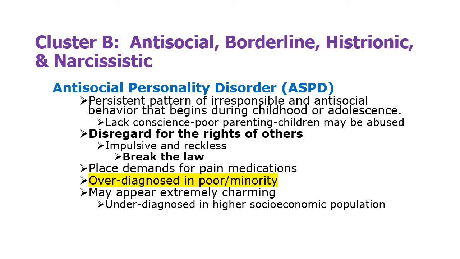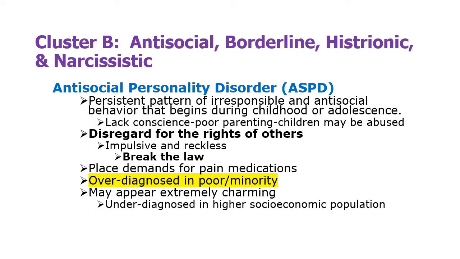Moving on in cluster B, we have antisocial personality disorder, and this disorder begins in childhood and leads to a disregard for the rights of others. These individuals are impulsive and they frequently break the law. However, this is also a condition that's overdiagnosed in the poor and underdiagnosed in individuals of higher socioeconomic means.